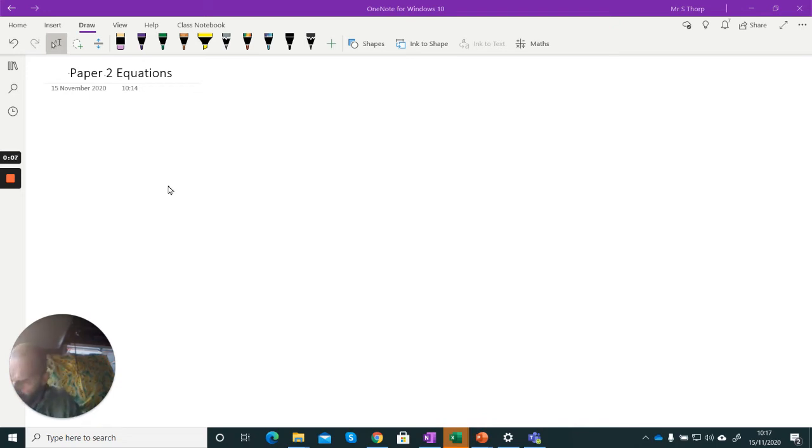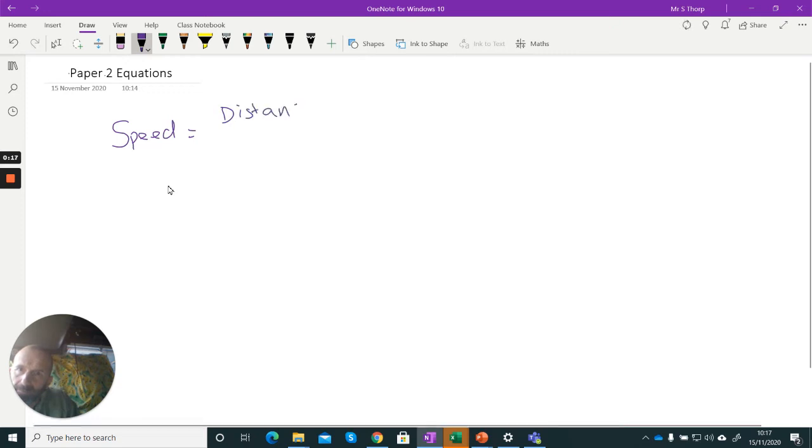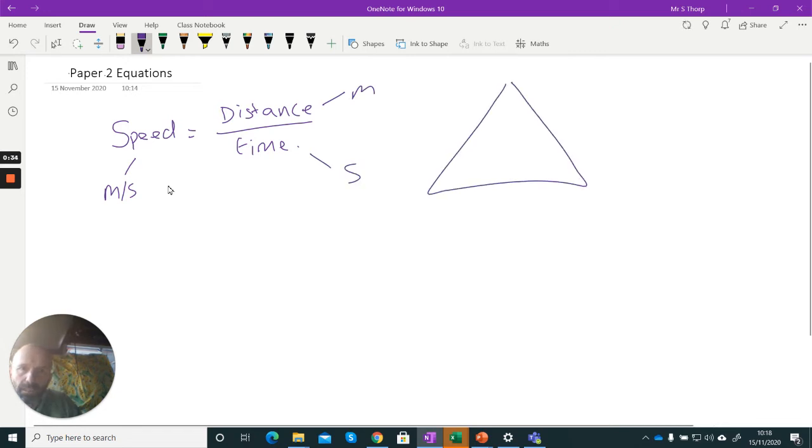So the first one we're going to use, this is a simple one from maths, is speed is equal to distance divided by time. Okay, so we've got speed, the units are meters per second, distance in meters, time in seconds, and we can put it into a triangle like this.